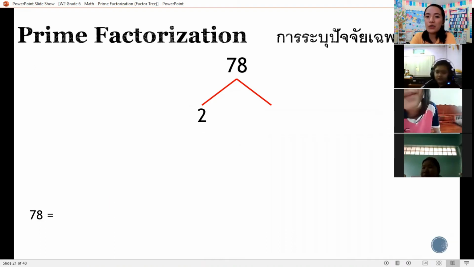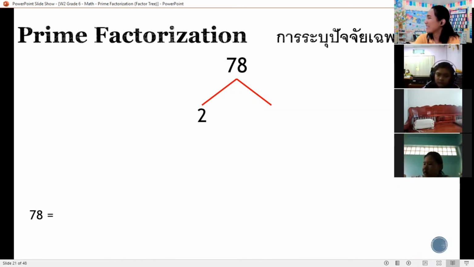Prime factorization for 78. What is the number missing here? 2 times blank equals 78. You can use your notebooks, multiplication table, and look at it. What will we multiply to 2 in order to get 78?